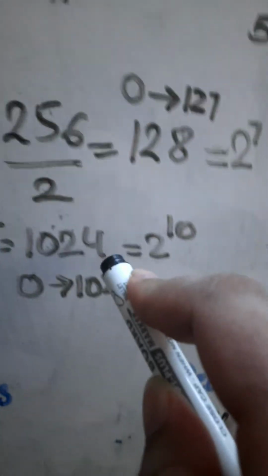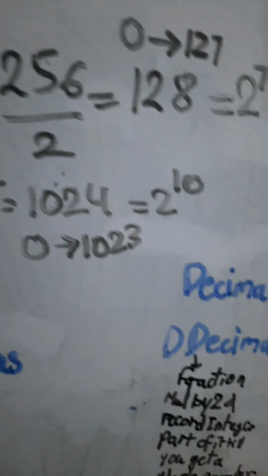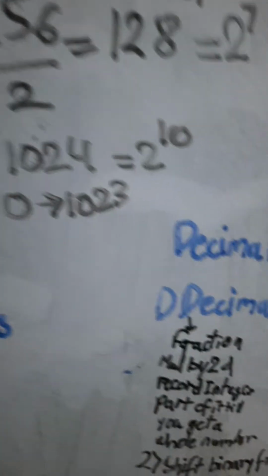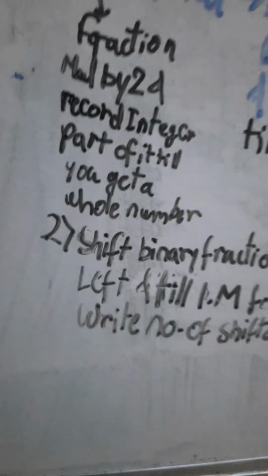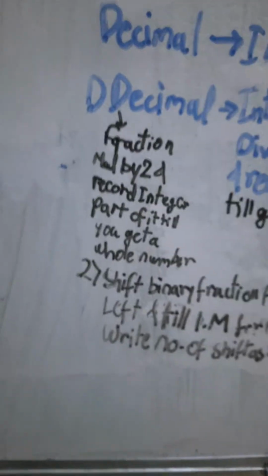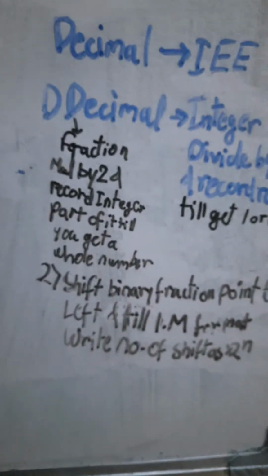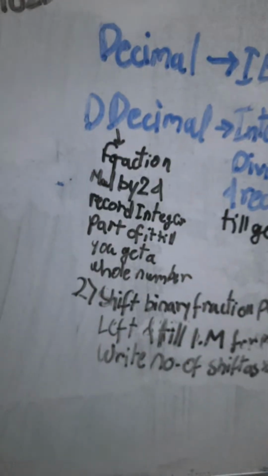There are only two combinations in one place, and after that we shift. So that the number doesn't change, we write the number of shifts as 2 raised to n.